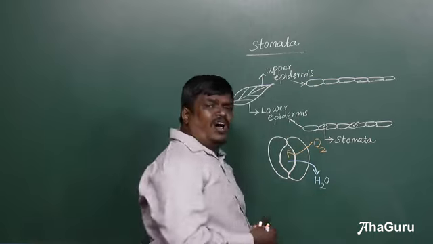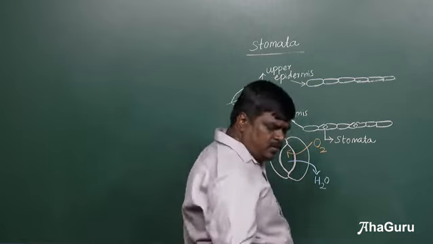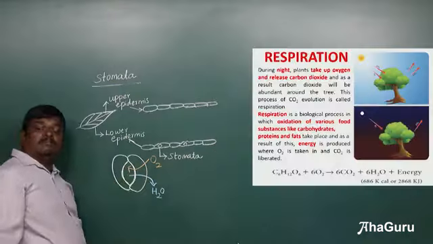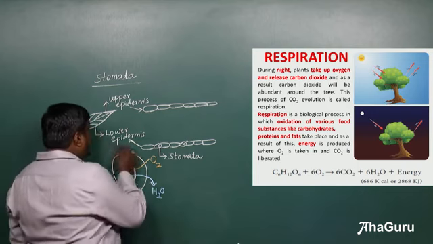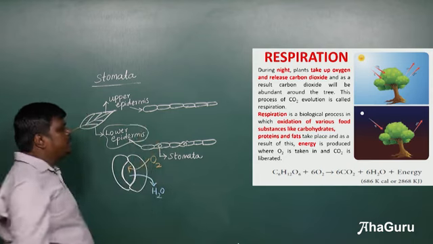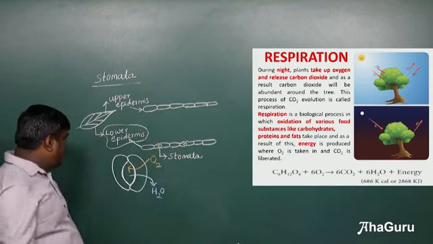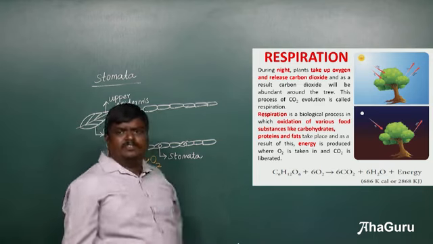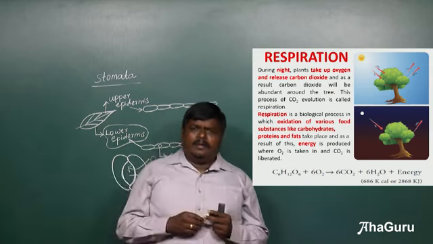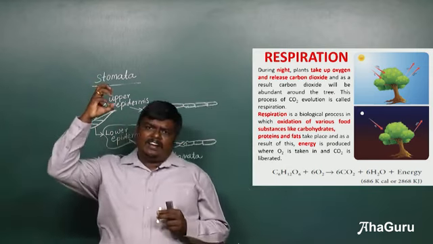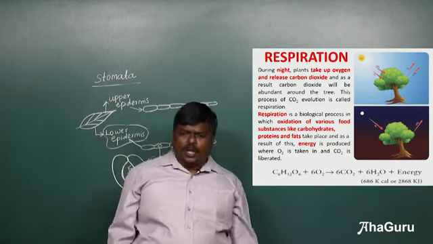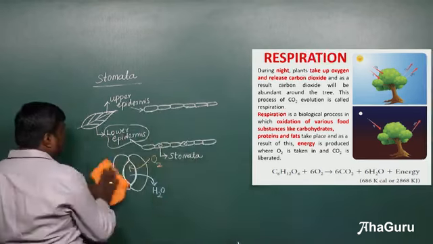Almost all gaseous exchange occurs through the stomata, which is present in the lower epidermis of the leaf. So the lower epidermis is involved in the exchange of gases. Through the stomata, the atmospheric air enters into the plant and reaches an organelle called mitochondria.